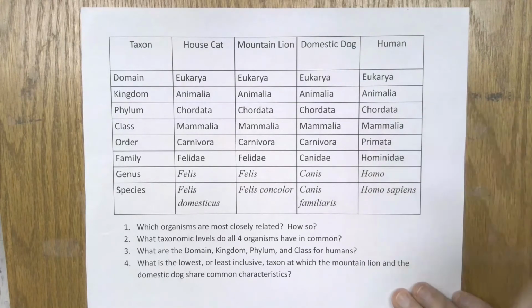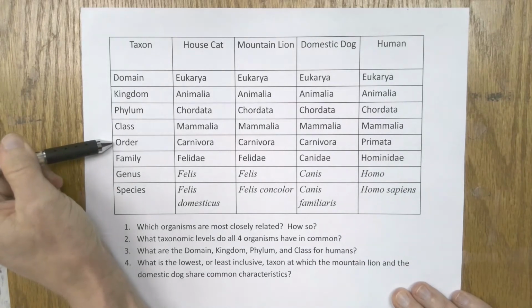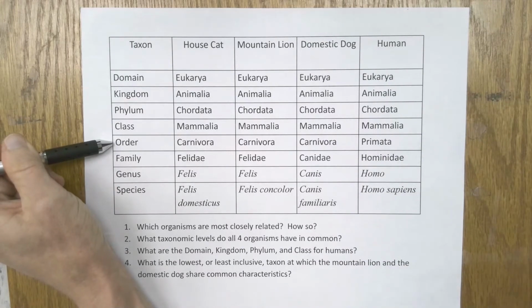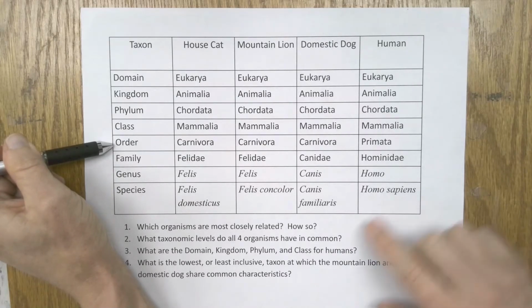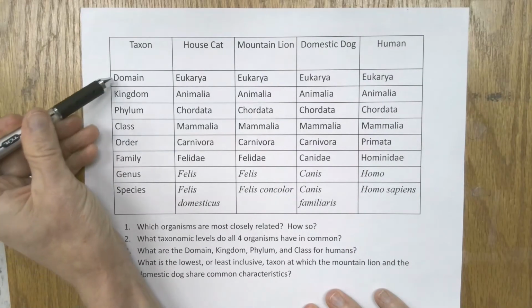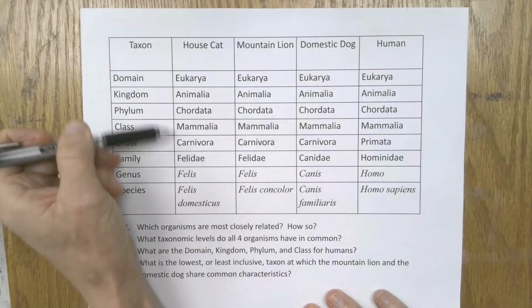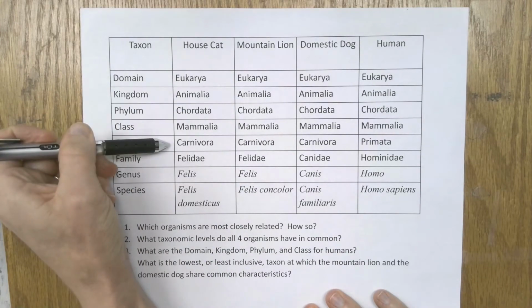I'm going to use order as an example of one more thing to explain here. If 2 or 3 organisms are in the same order, then they have to also be in the same class, the same phylum, the same kingdom, and the same domain. So all of these carnivores, everything above that is going to be the same.